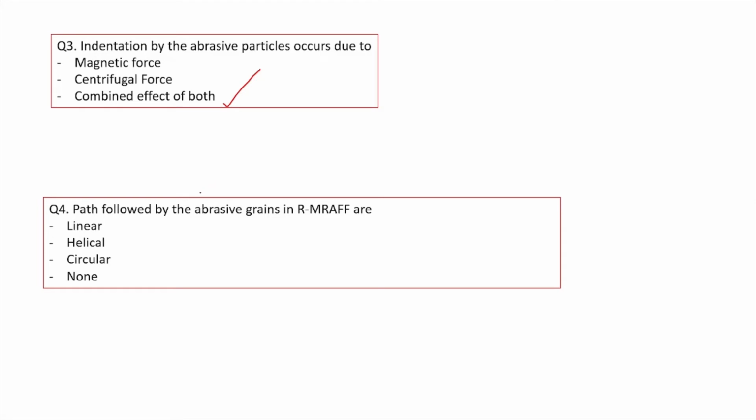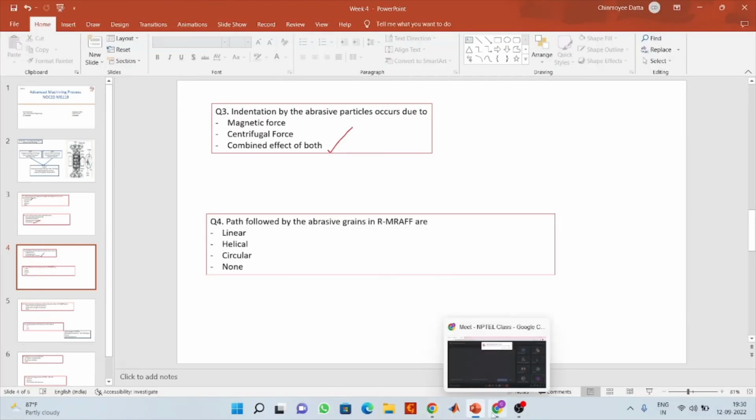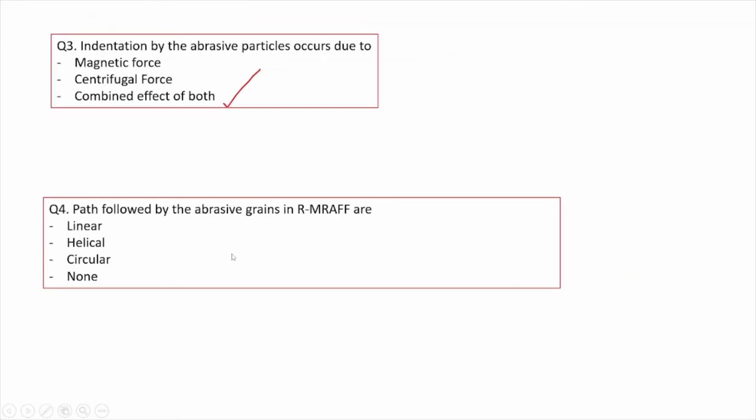Okay, and due to that, we have seen that the area covered by a single particle is more in the rotational MRAFF process compared to the MRAFF process, because in the MRAFF process single abrasive particles follow a simple linear path, whereas in the rotational MRAFF process every single abrasive particle follows a helical path.